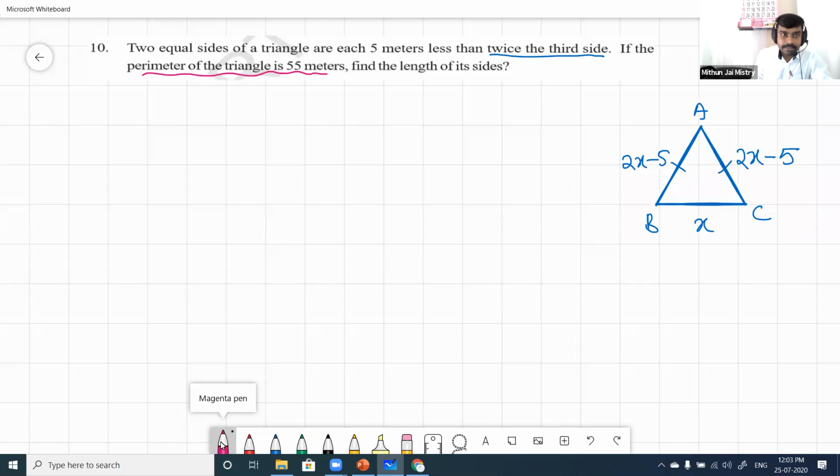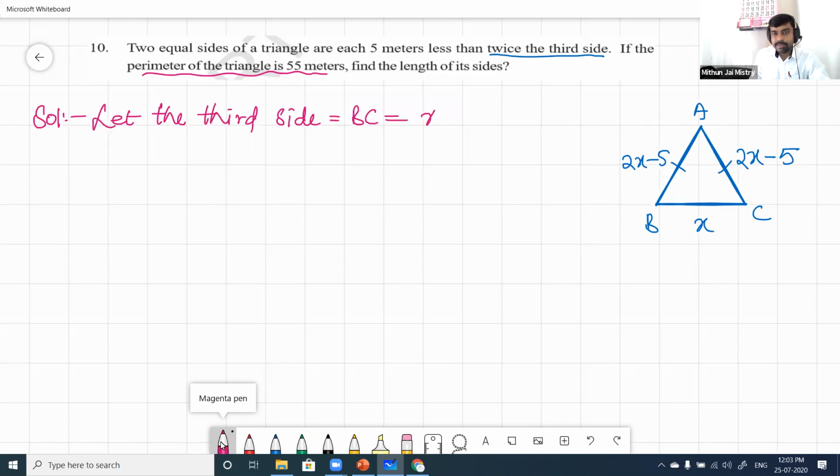So first I am writing here, solution. Let the third side, we want totally 3 sides, right? So let the third side BC be equal to x meters.